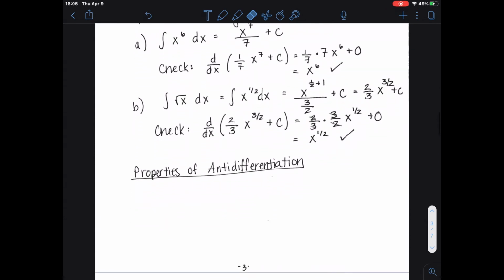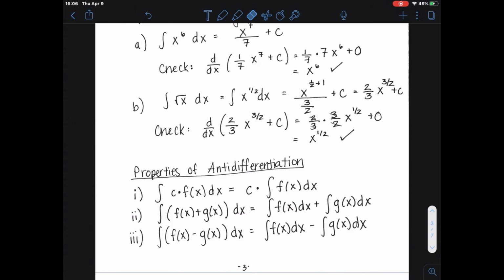So now we have some properties of anti-differentiation, just like we had some properties of differentiating. First one is when you take a derivative, the constant stays attached. Same thing's going to hold true for the antiderivative. The c can pop out. You can take the antiderivative of what's inside. Differentiation splits across addition and subtraction, so integration is going to do the same thing.